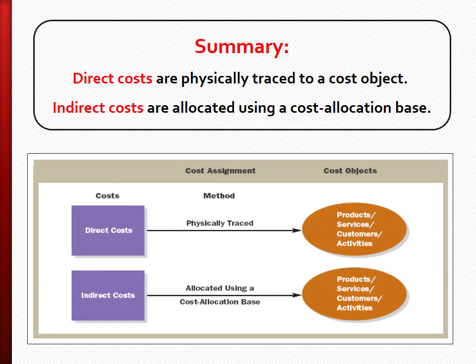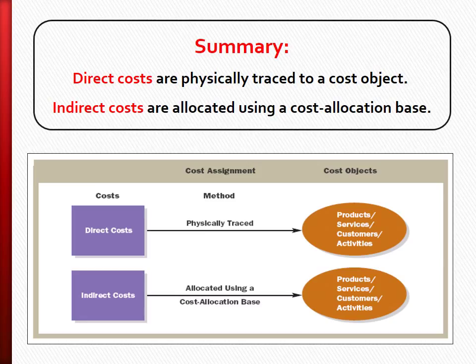In summary, direct costs are physically traceable to a cost object, and often direct costs tend to be variable costs, as we discussed back in unit number 9. Variable costs include things like direct materials, direct labor, but also variable overhead like electricity. However, variable costs are not the same as direct costs. It is possible to have some fixed costs that are easily traceable to a cost object, therefore they're direct.